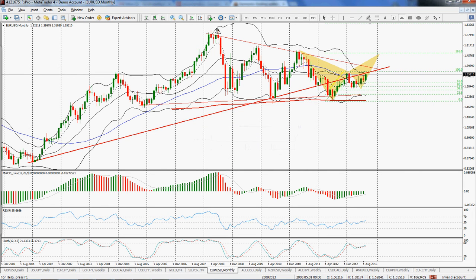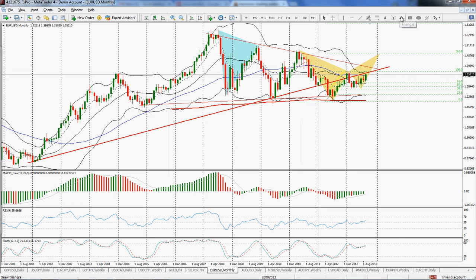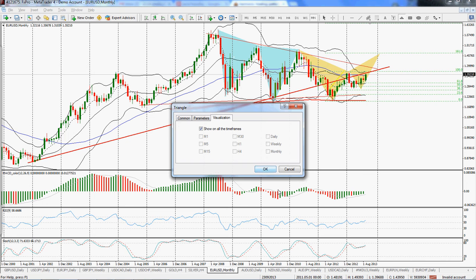I've taken this triangle object, and I try to put it on the chart. Okay, now it works. People sometimes say, that is the monthly, that is a butterfly, and then you take the second wing, and they say, oh, that's it. It looks like a formation, but in my opinion that is not a butterfly pattern.